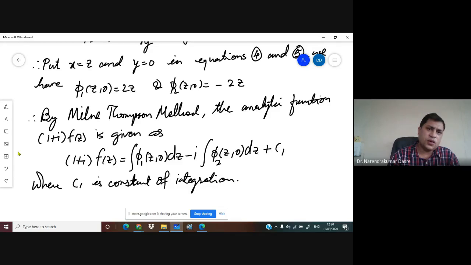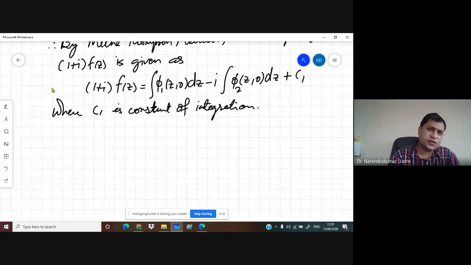Now we know this is 2z and this is minus 2z.